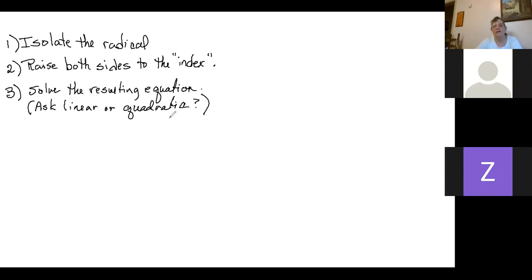If it's quadratic, you want to set everything over to one side, set it equal to 0, and then factor it. And then you must check all answers. It's not an option, because you can pick up answers that don't work.